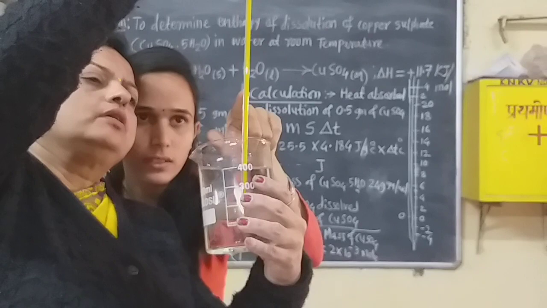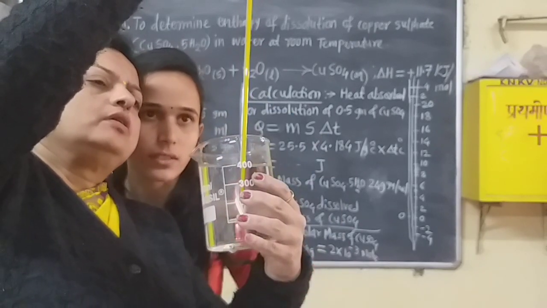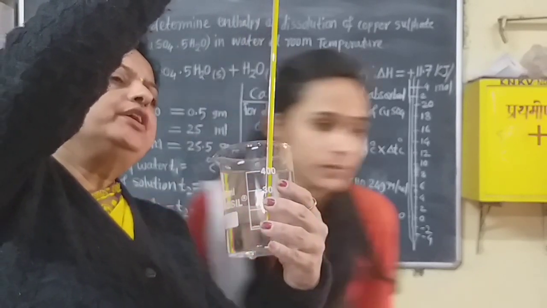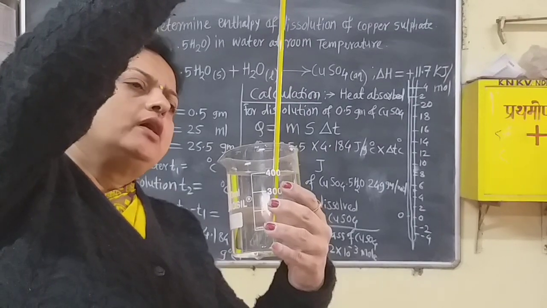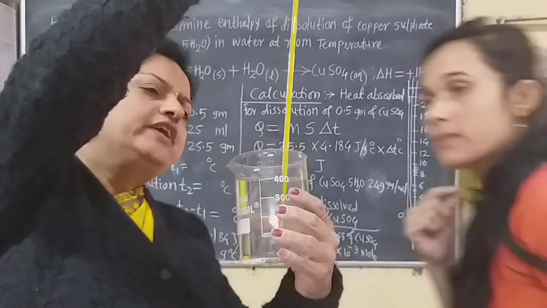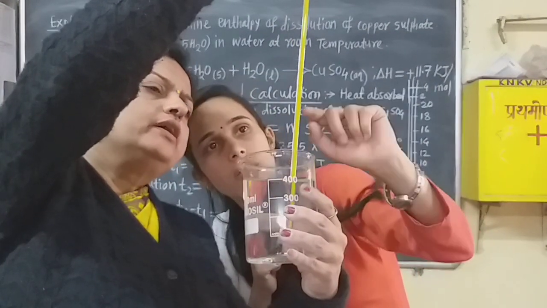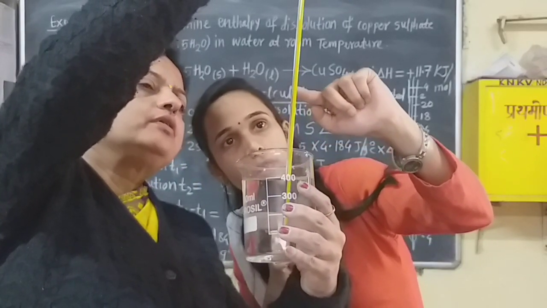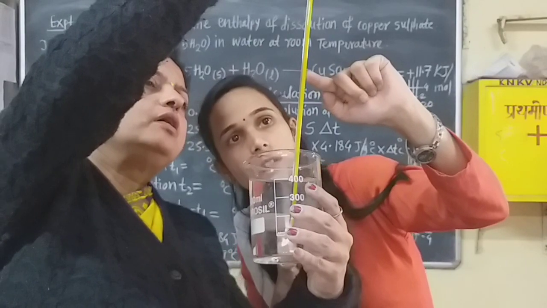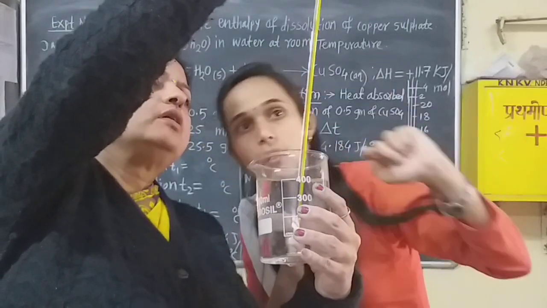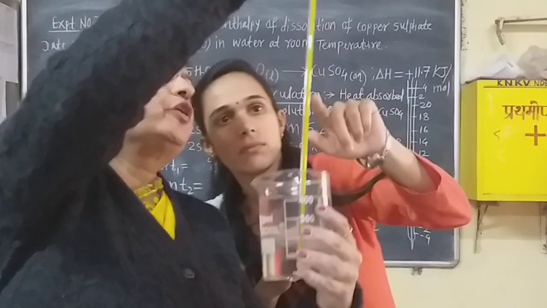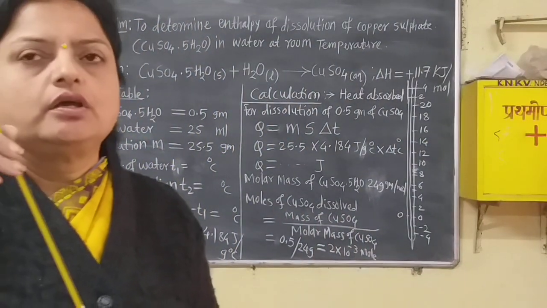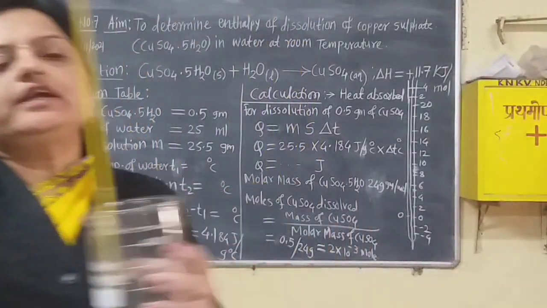Above the 20 line there is a temperature. Here 2 and 0 will be there. 20, 24.5. 24.5 means 25. Now students, here is the temperature.